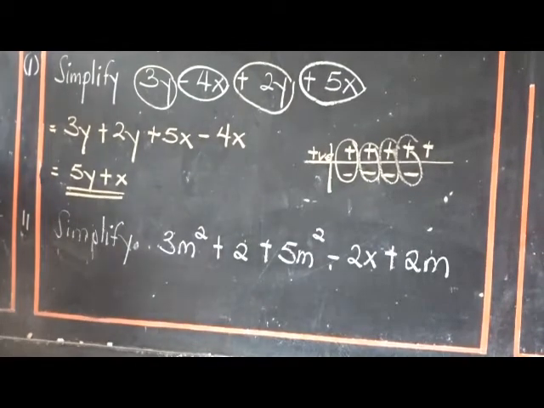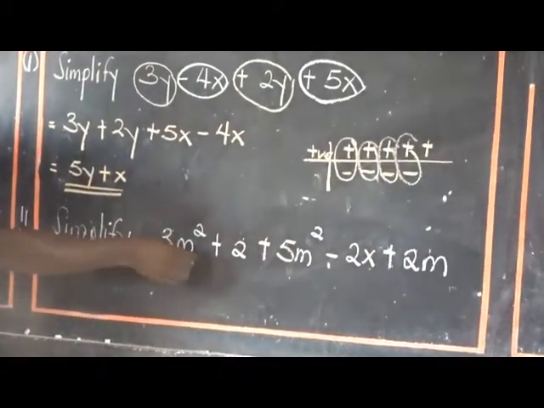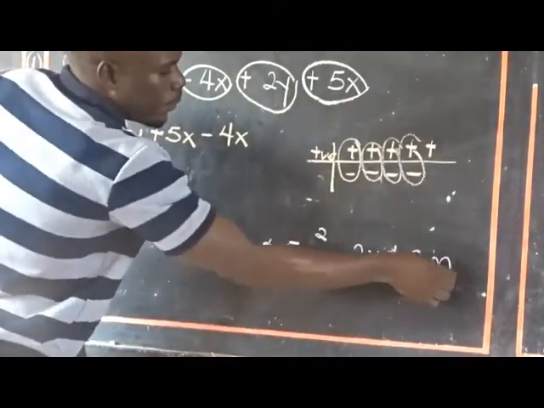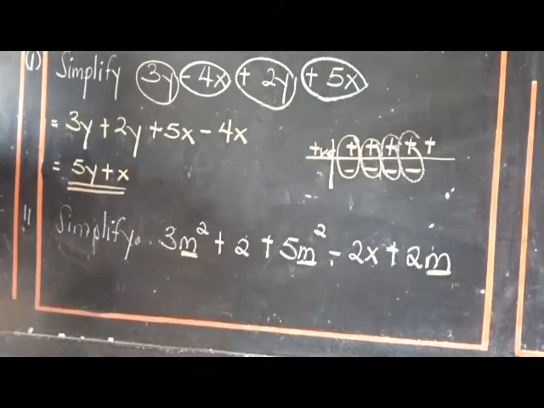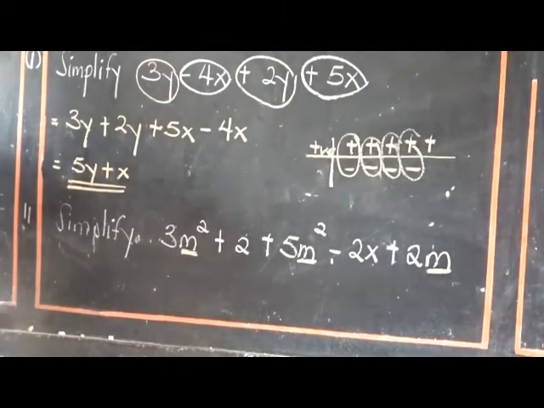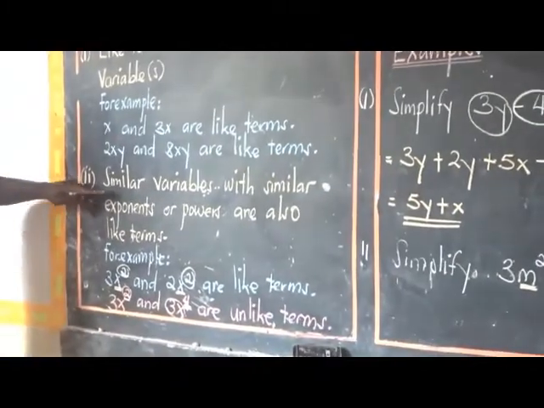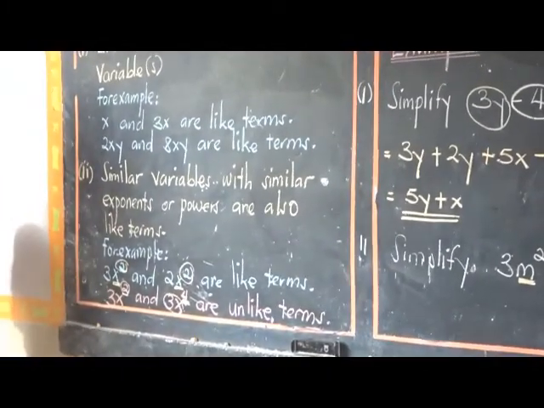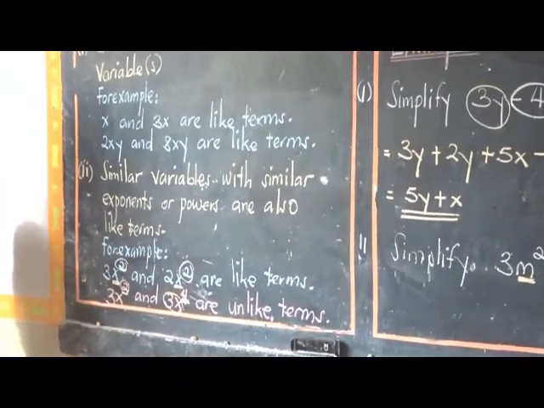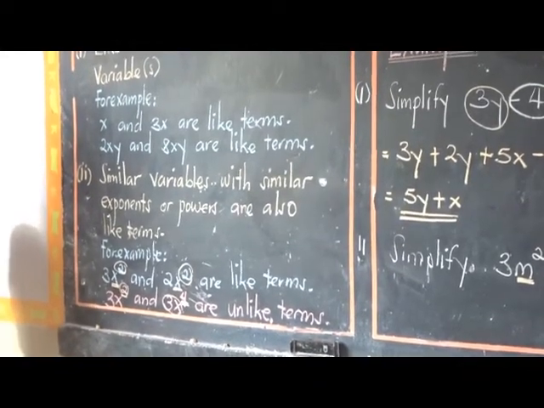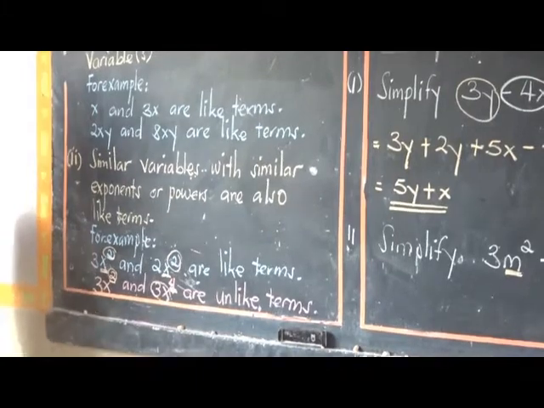First, we are saying this one is m, this one is m, and this one is m. Are all the three like terms? Looking at this important note, which says that similar variables with similar exponents or powers are also like terms, meaning that those that have got different powers are unlike terms.